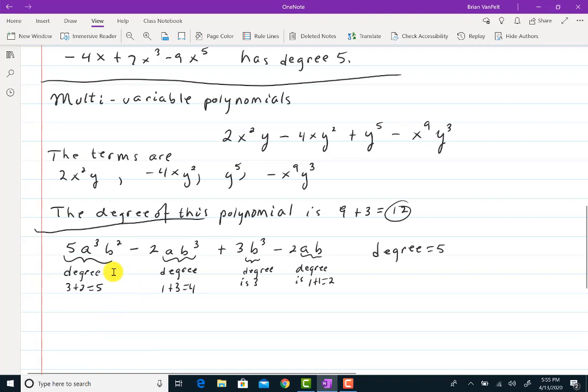Not only that, the coefficients. 5 is the coefficient of this first piece. -2 is the coefficient of the next piece. +3, and then -2. So the numbers that are attached to the variables out front are considered the coefficients. Hopefully this is enough for you to tell what the degree of a polynomial is when you're given one.